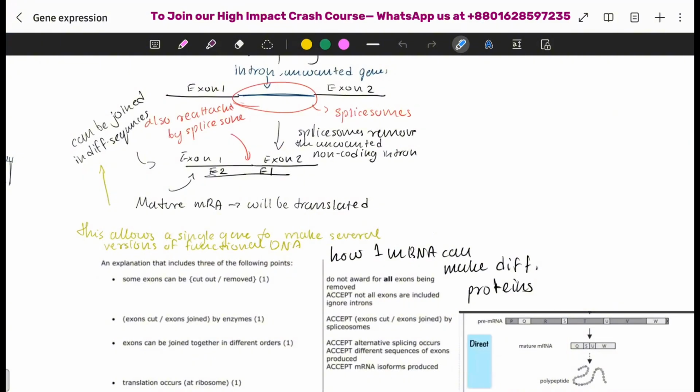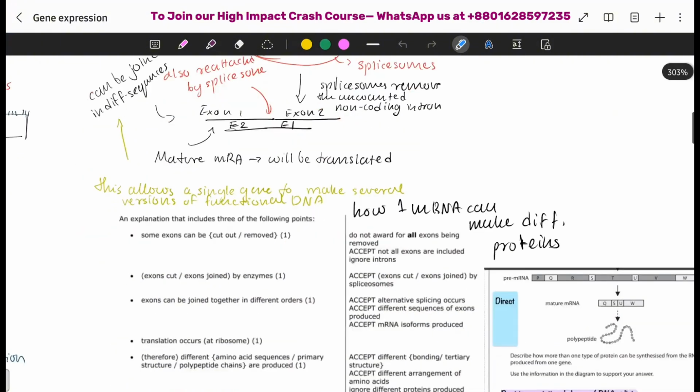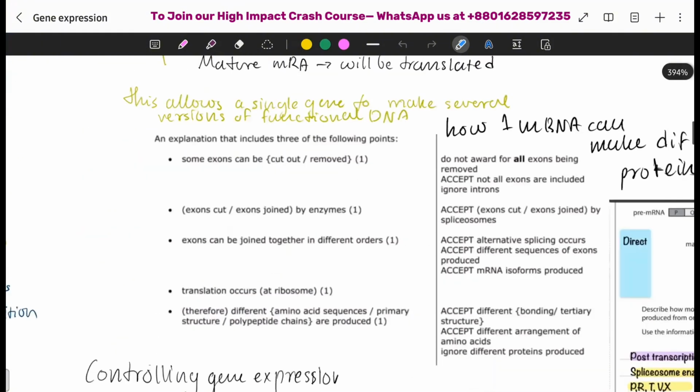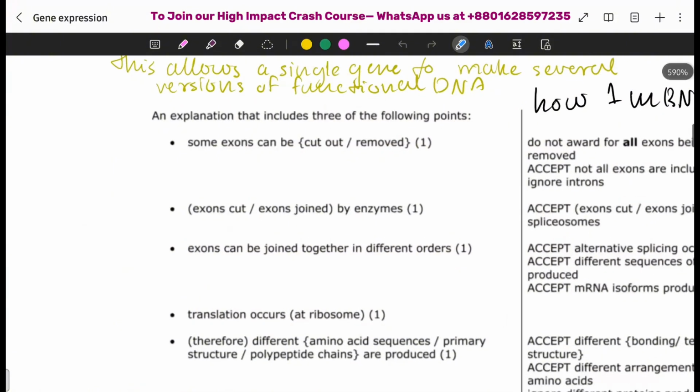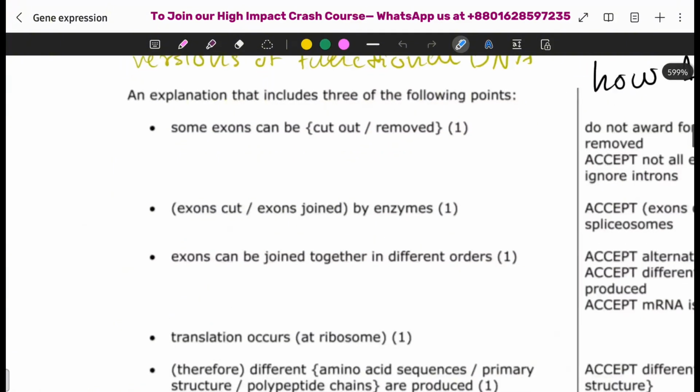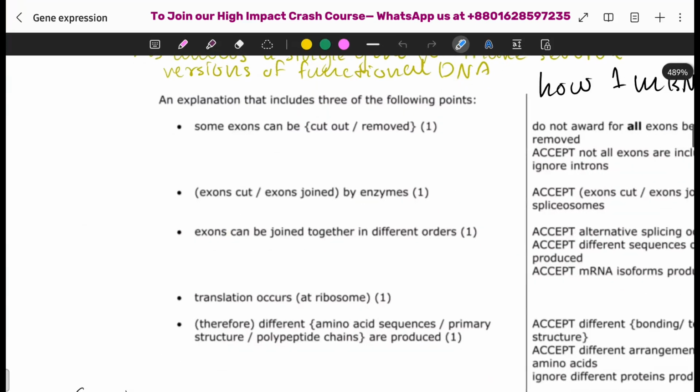Okay, so this says here the exons will be cut or removed. Mainly the introns are cut, but if there are useless exons, they will also be cut or removed. And the exons are joined by an enzyme. They can be joined together in different orders, which is why it will have different sequences.